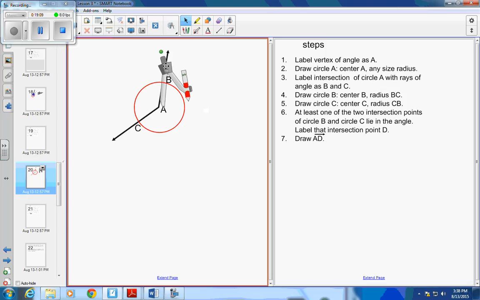Going to make a circle centered at B with radius BC.